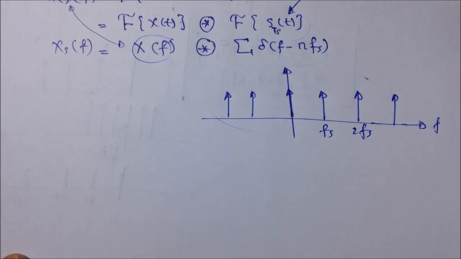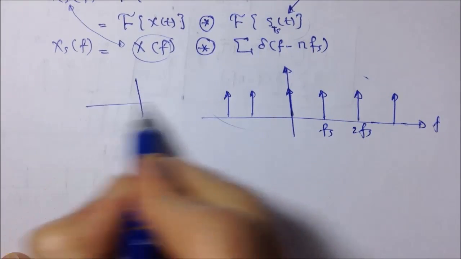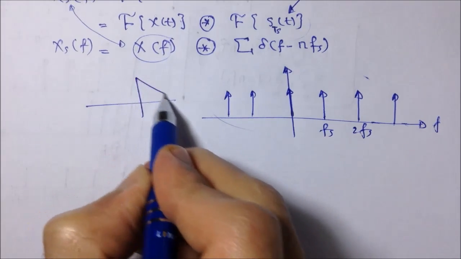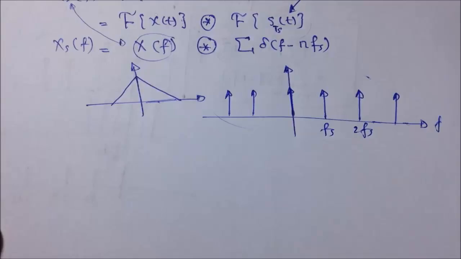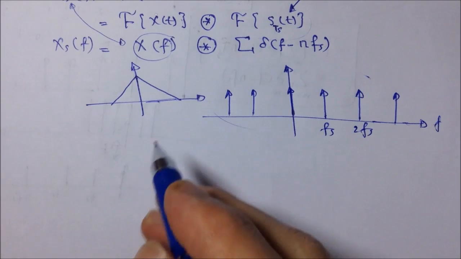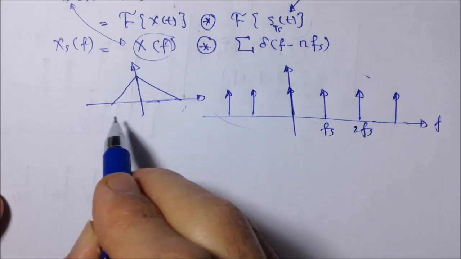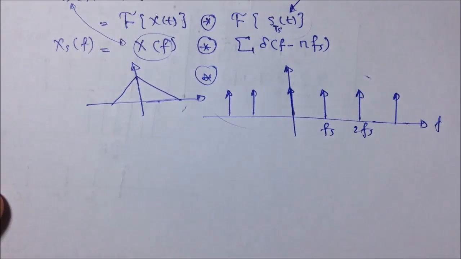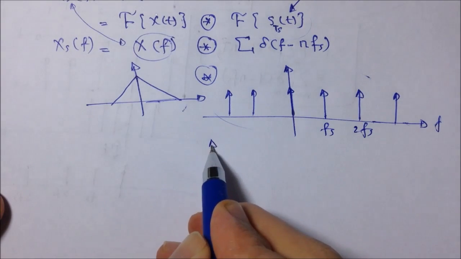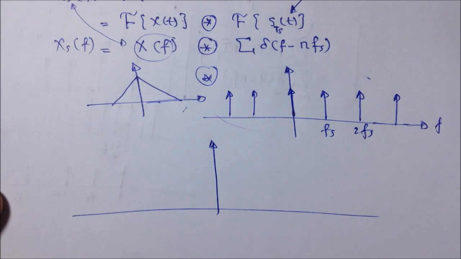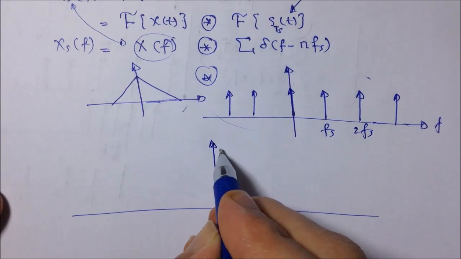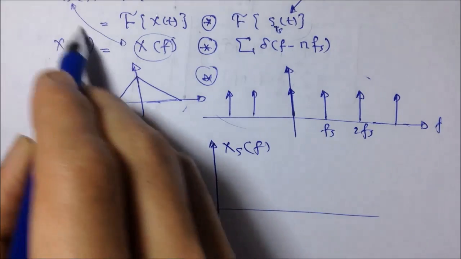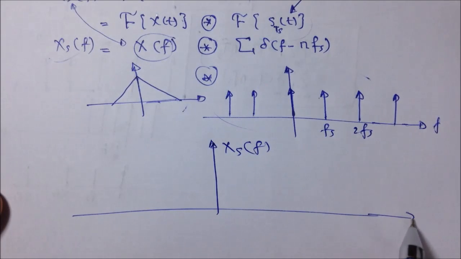X of f, let's just assume a general random pattern for it. Let's say this is X of f, and I'll illustrate later why I have chosen this pattern. So we have this to be convolved with the signal. If you are familiar with convolution and impulsive functions, this is the result of the convolution, which is X of f convolved with this.